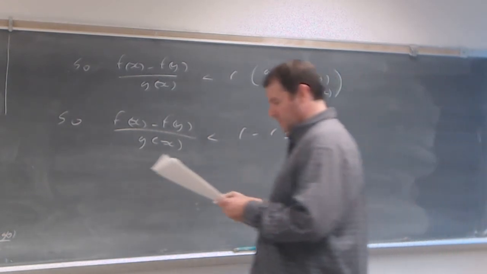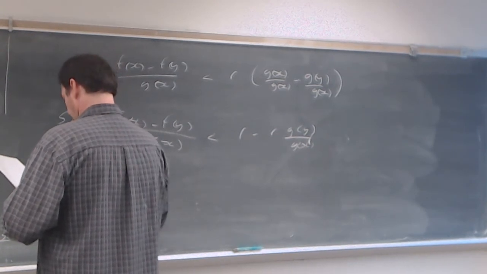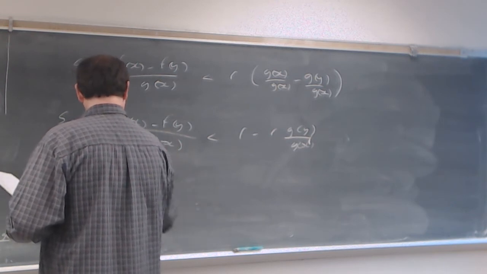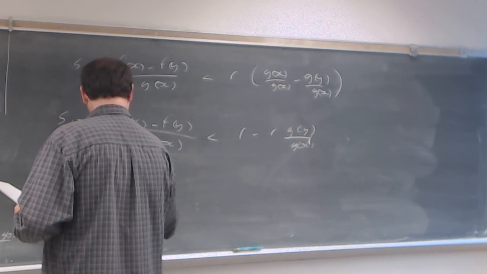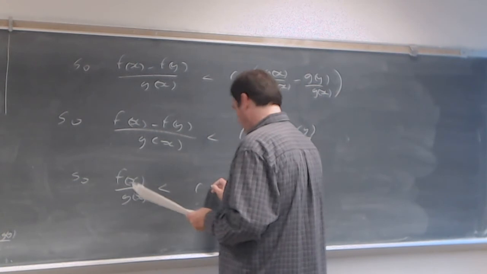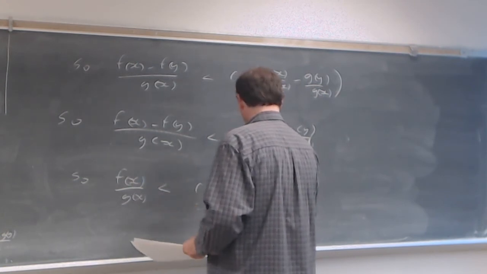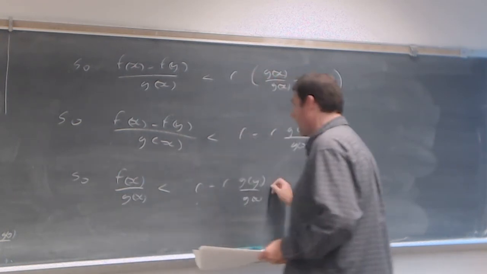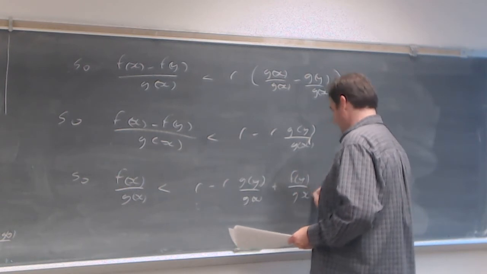Okay, and so we can break this fraction up and do an addition, I should say. So what we have is f of x over g of x is going to be less than r minus r times g of y over g of x, and then plus f of y over g of x.